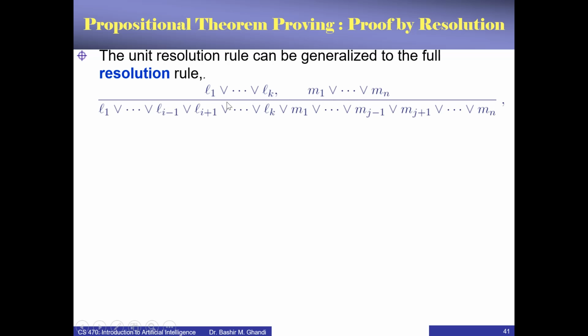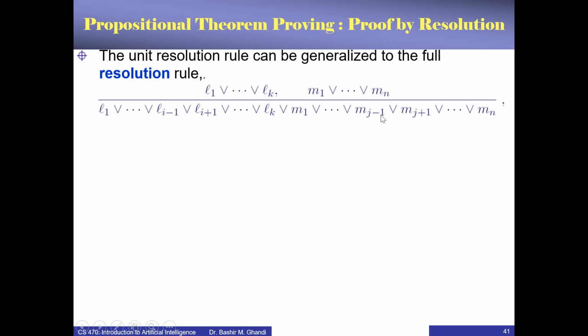In that case, we're going to obtain another clause in which those two complementary literals are eliminated, or resolved. So we only have L1 until Li minus 1, skipping the Li, and then Li plus 1 until Lk, or the rest excluding the Mj.